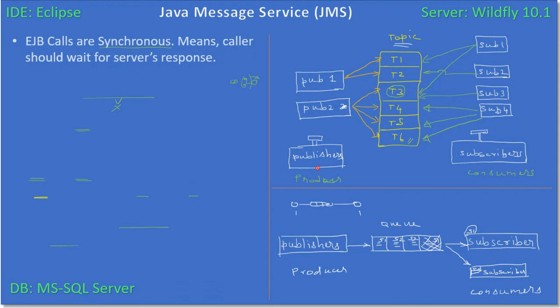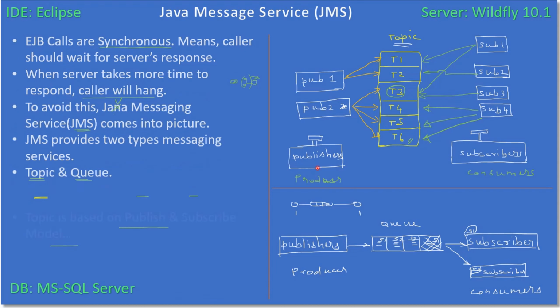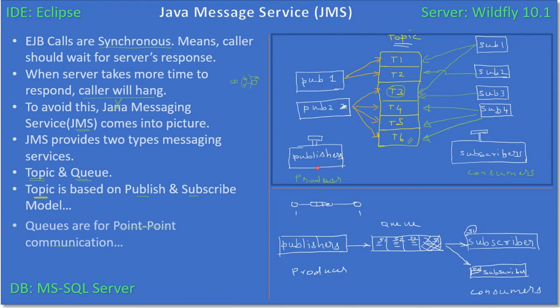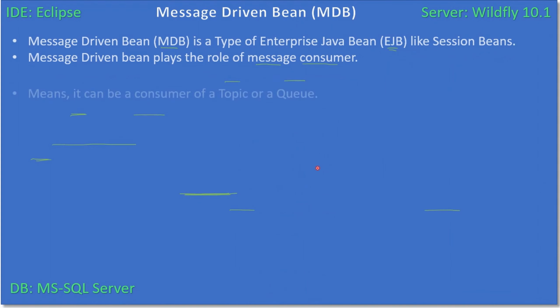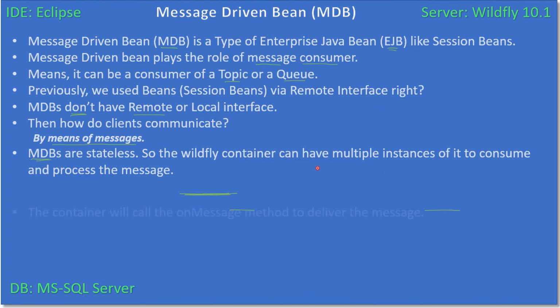So let's quickly review the previous two parts. First we learned about the JMS. Then we talked about message driven bean.